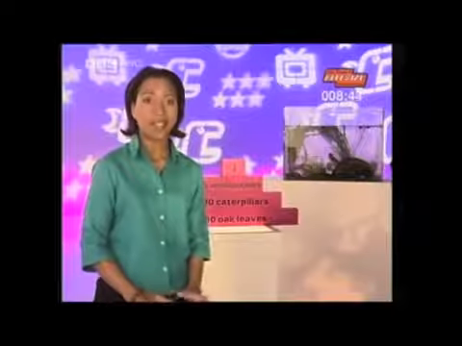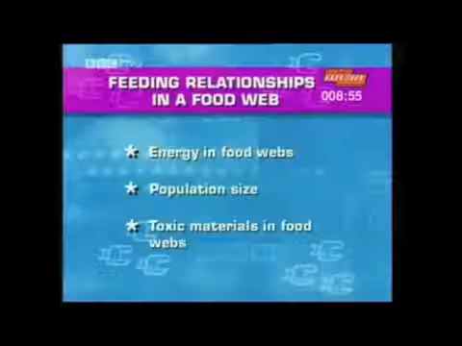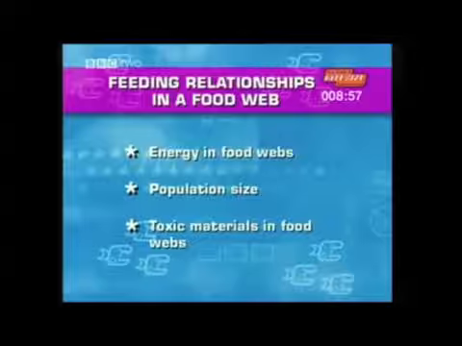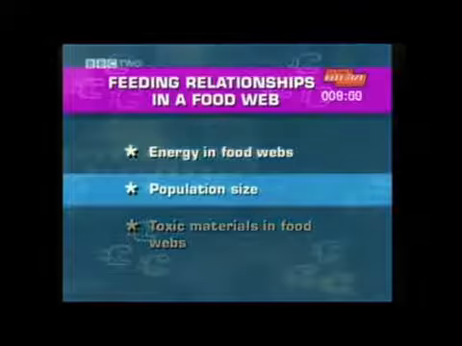So, to sum up this section, feeding relationships in a habitat can be summarised using a food web. If you weren't sure of anything, rewind the tape and go over the key points again. The next section in this unit looks at population size. Population size is how many of one particular type of plant or animal there is in a habitat.